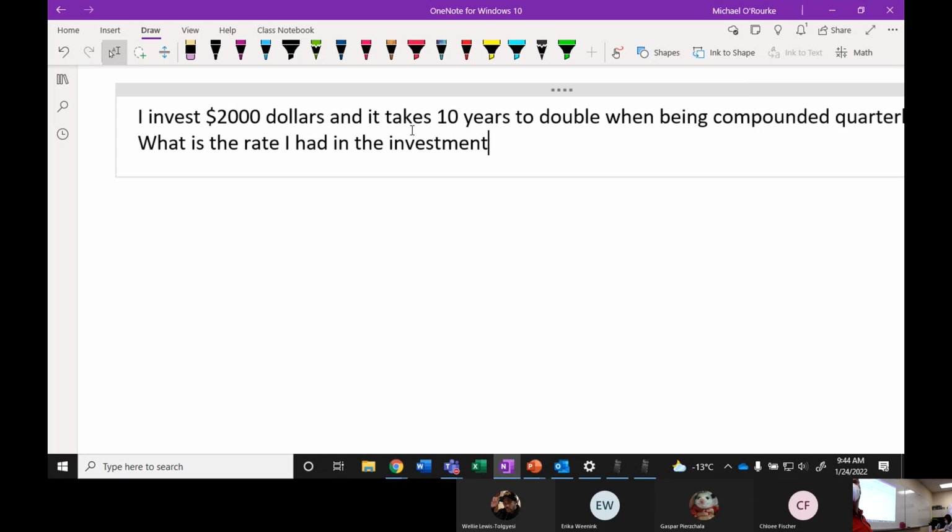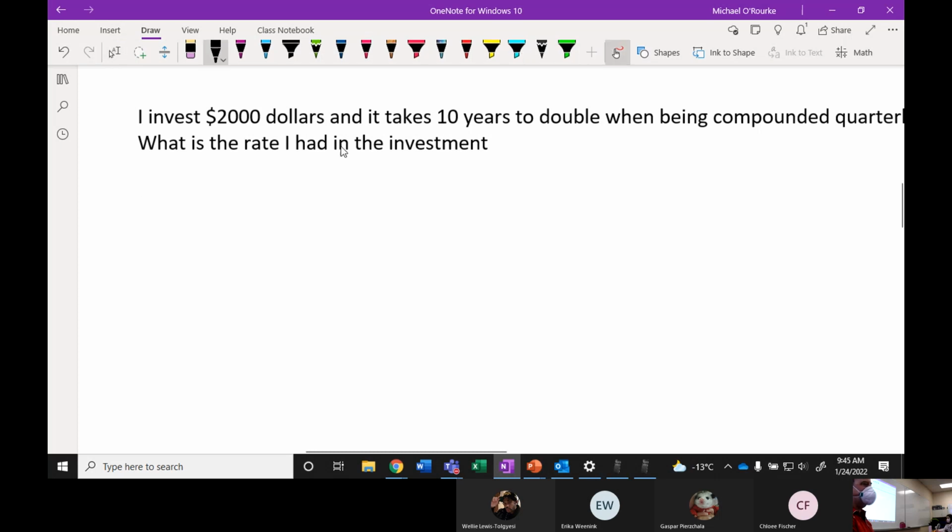This one's a little bit harder. How much was originally invested? No. What was the original investment? 2,000. How much is the end investment?